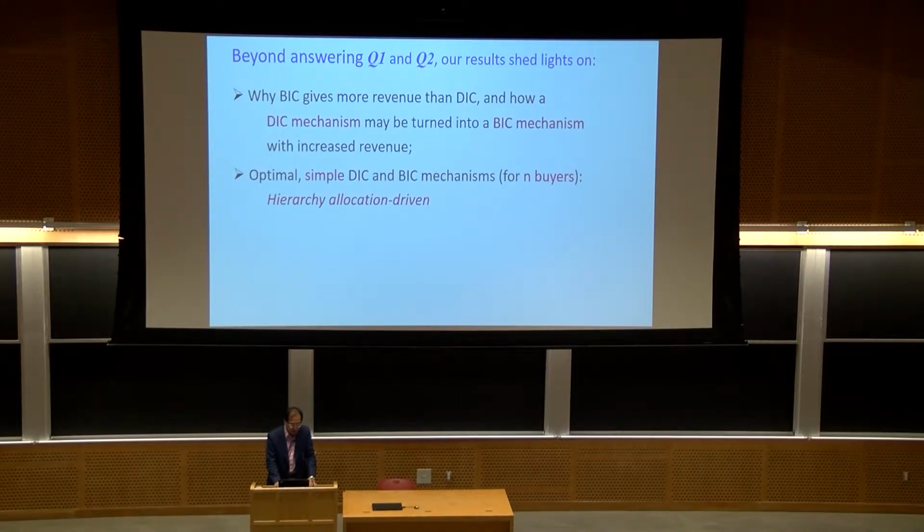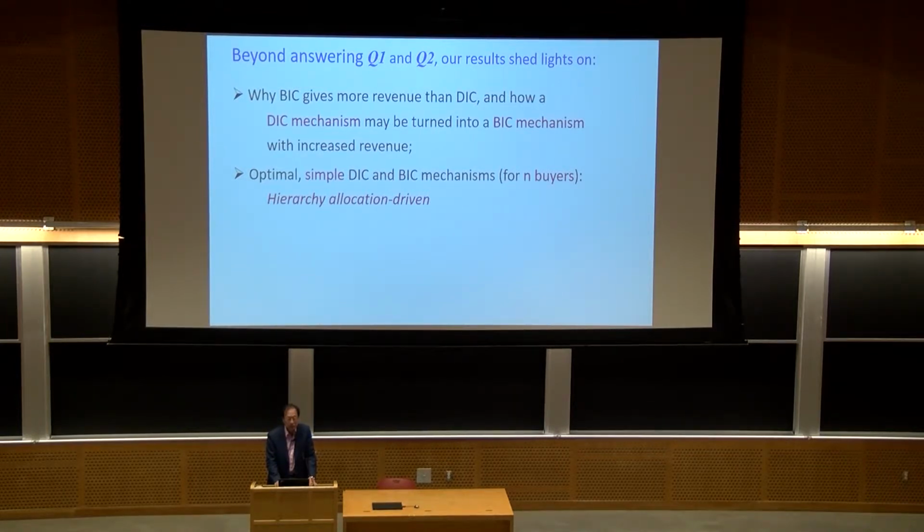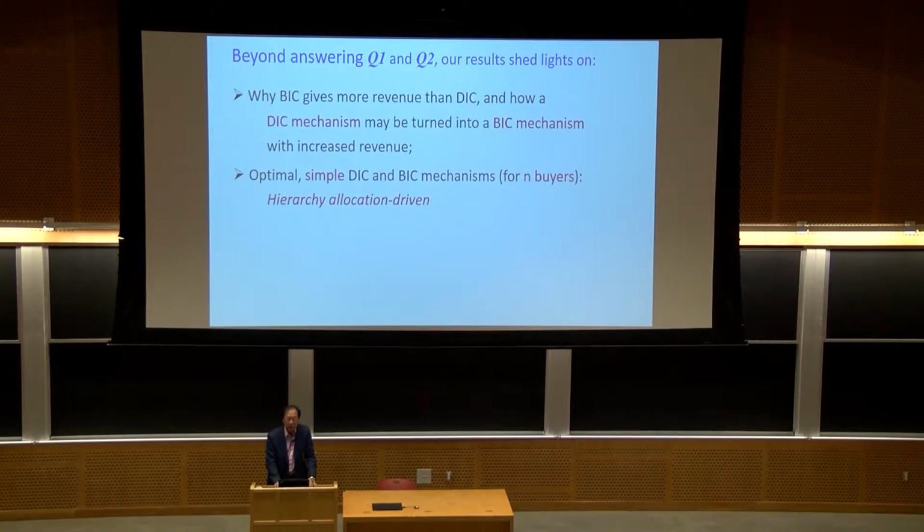And secondly, we'll have some optimal, actually quite simple mechanisms, and they are simple in the sense that they are essentially allocation driven. You specify how you allocate the items, and then the incentive compatibility will naturally tell you what kind of payment you should derive, and the allocation method that is used is very close to being a purely hierarchical allocation scheme.